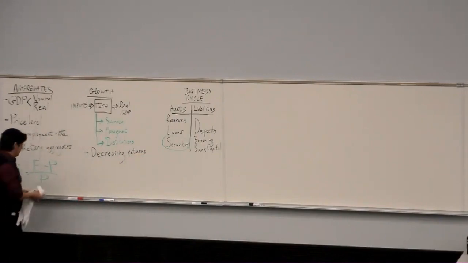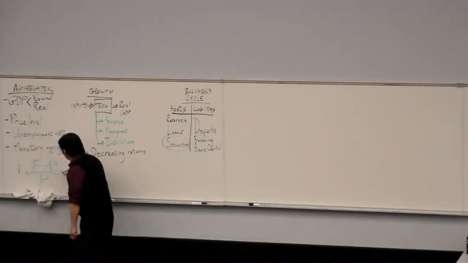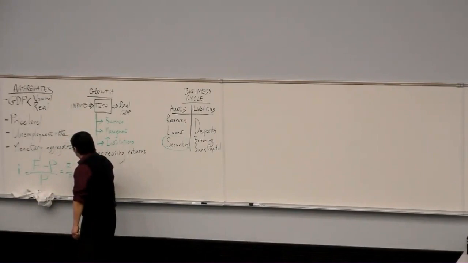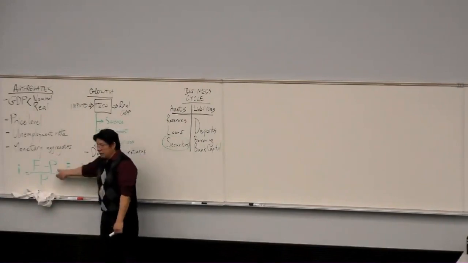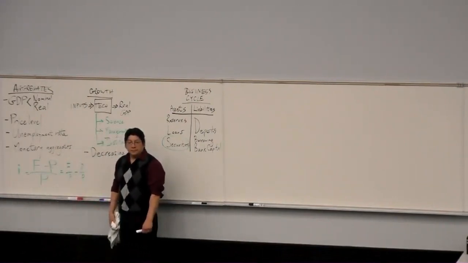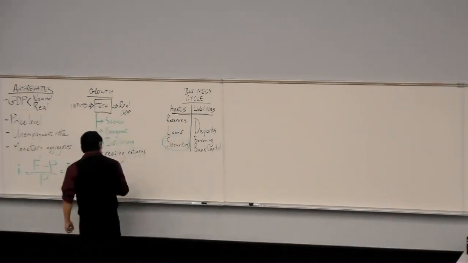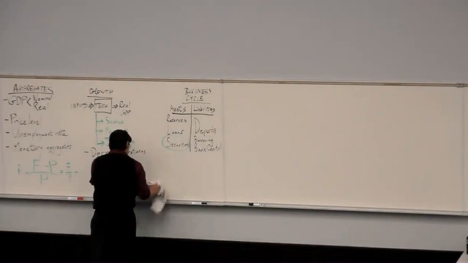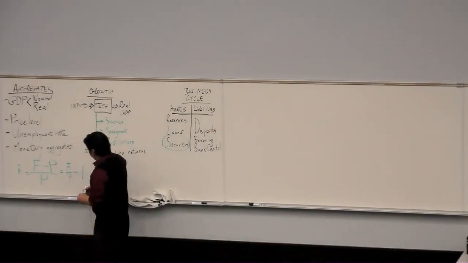Observe the following, and in particular, I guess, the value of bonds. I can distribute 1 over P across the F and the P, right? This is the same equation. What's P divided by P? As long as P isn't 0, which it isn't, 1.